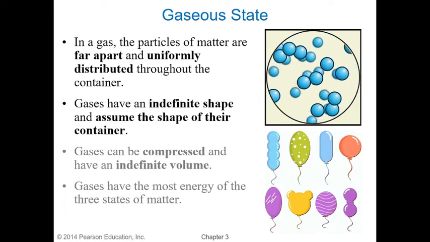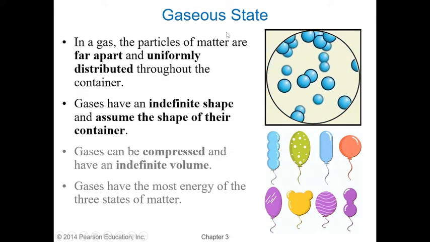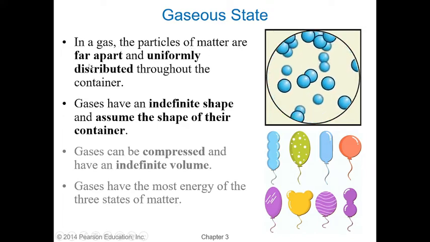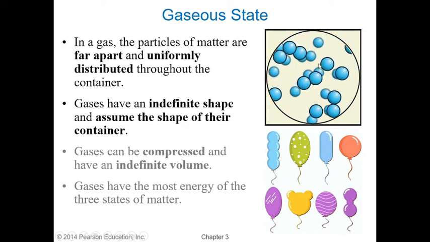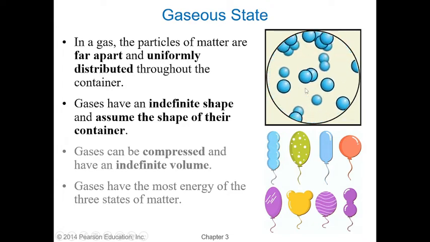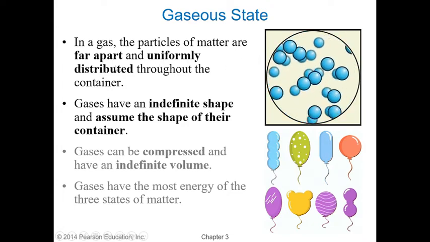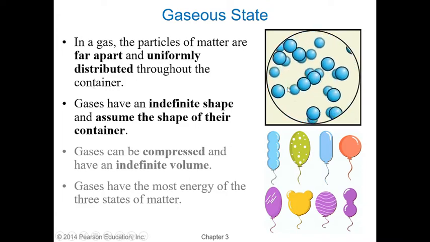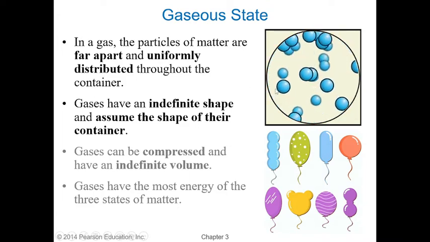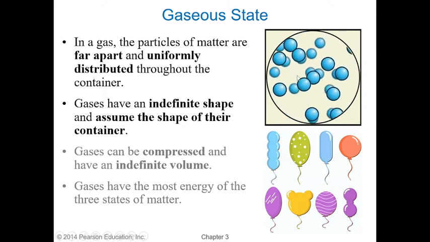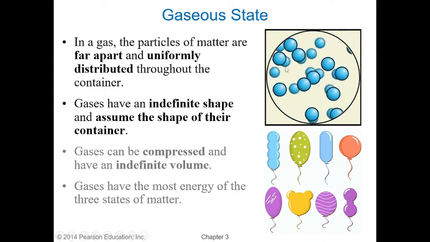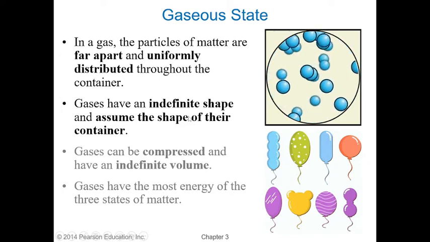For the gaseous state, as you can see here, the particles of matter are far apart. These are the representation of your gas particles, and they are uniformly distributed throughout the container. As you can see, the particles of your gas are free to move and they bump into each other. Okay?